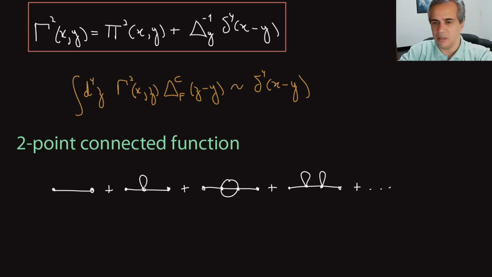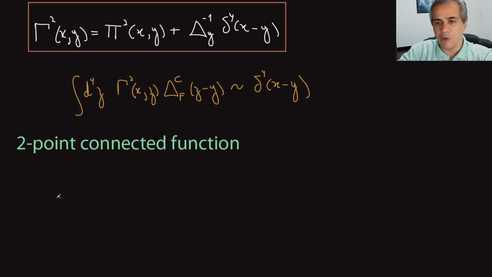This is in position space, but you can go to momentum space too. So I would expect, naively, that the full propagator is described by all the connected functions, so not just the 1PI, but also these, in the absence of sources. So let's try to properly define that.